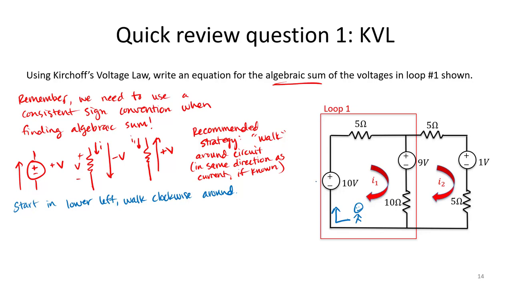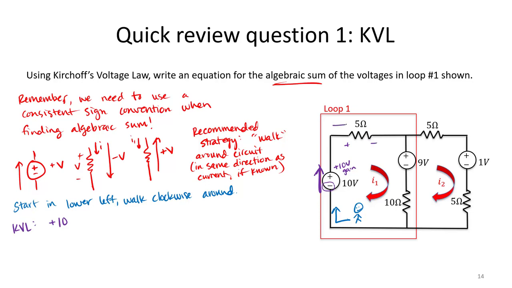So first, I go across that 10-volt source, starting at the minus end, ending at positive. So here I'm going to treat this as a 10-volt gain. So my Kirchhoff's voltage law equation starts out with a plus 10 volts.